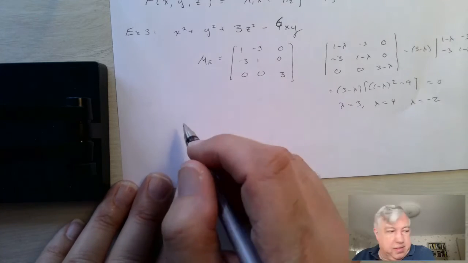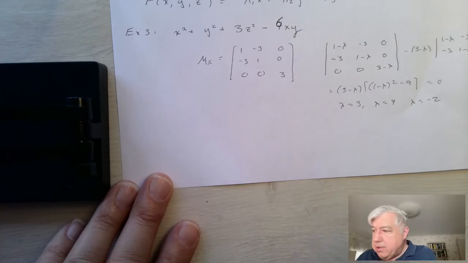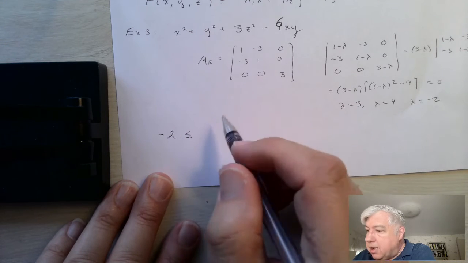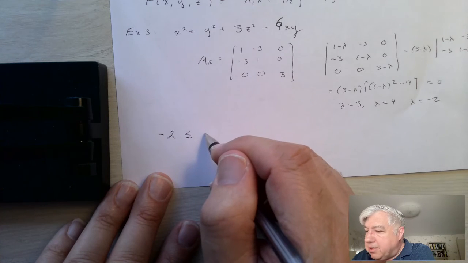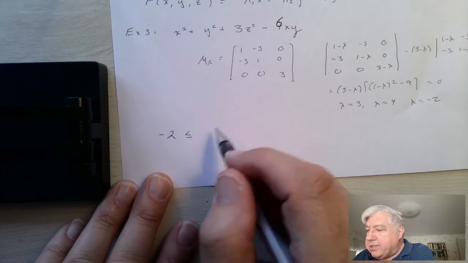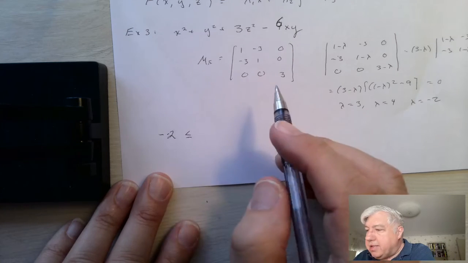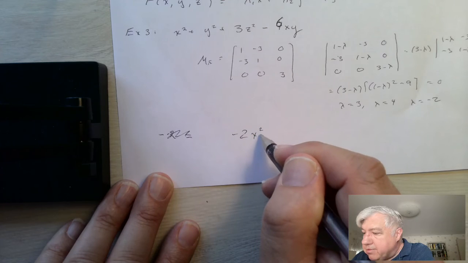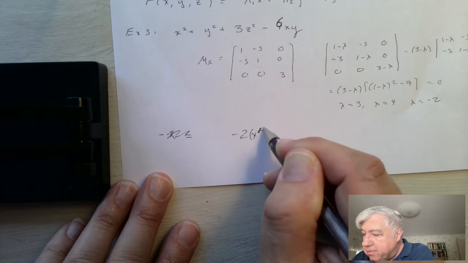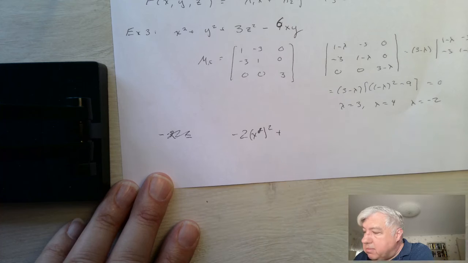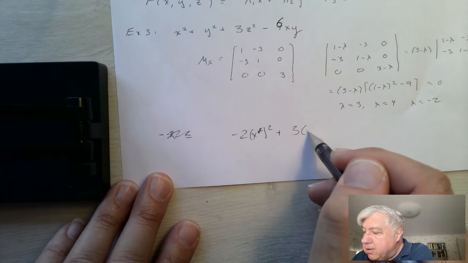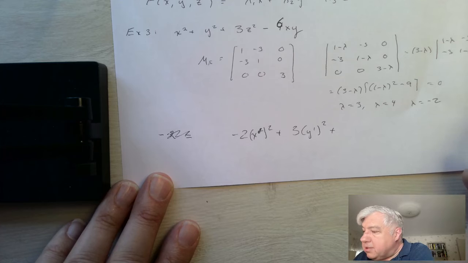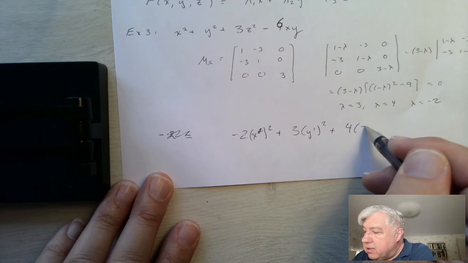So we can do a substitution. We're looking at negative 2 x prime squared plus 3 y prime squared plus 4 z prime squared.